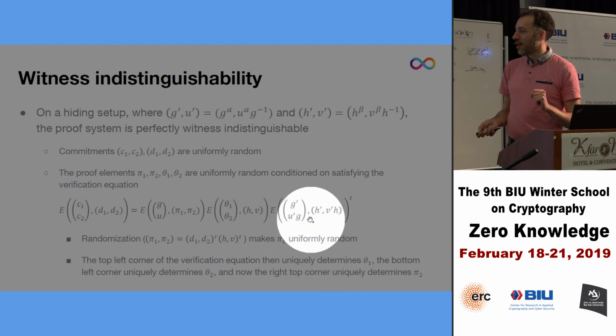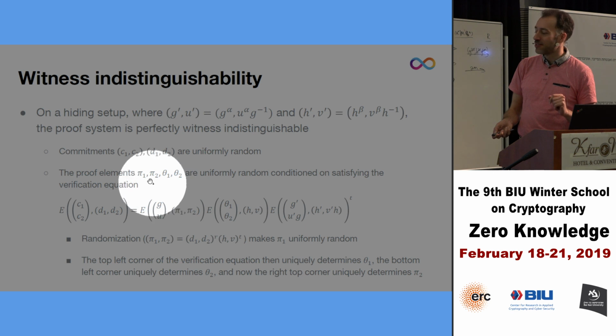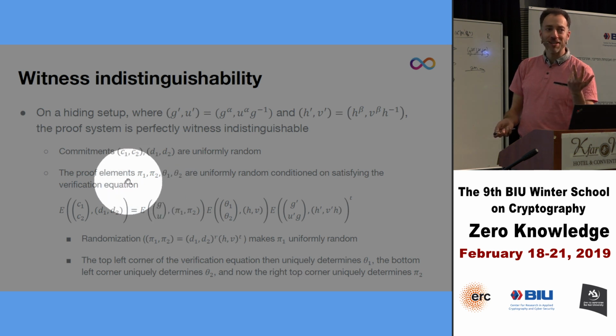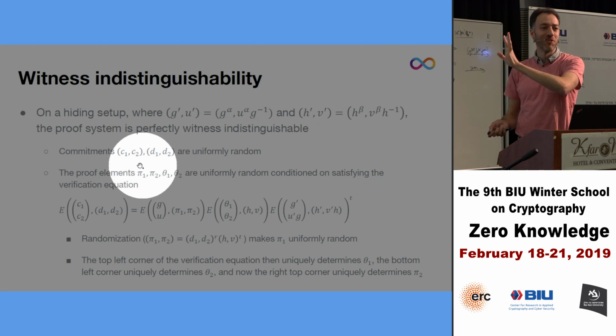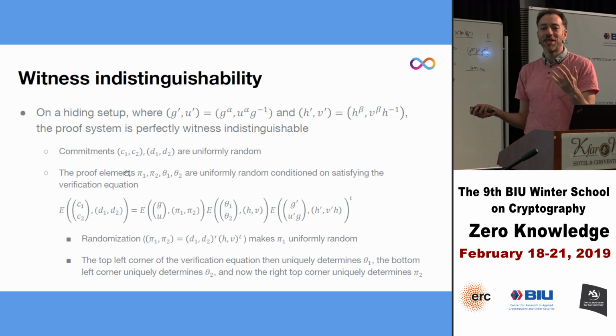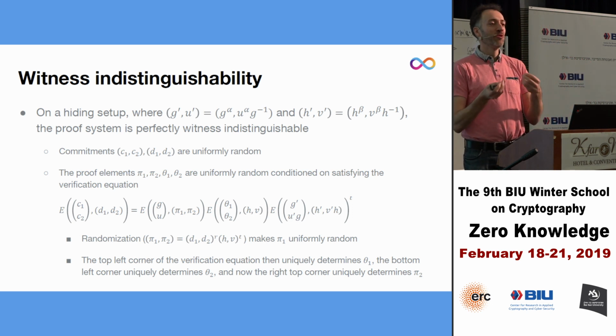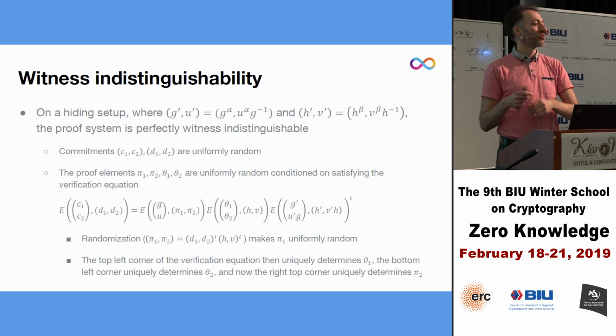Okay? And if you look at the randomization, it makes this first group element in the top left corner uniformly random, and then you can use the verification equation to check that all the other group elements are uniquely determined. Okay, so regardless of what witness you have, you'll get the same uniformly random distribution of things that satisfy the verification equation.